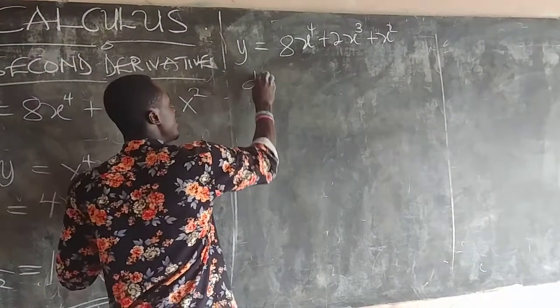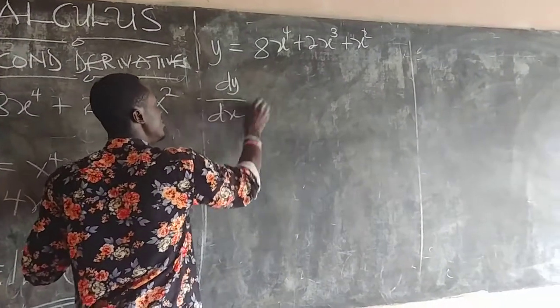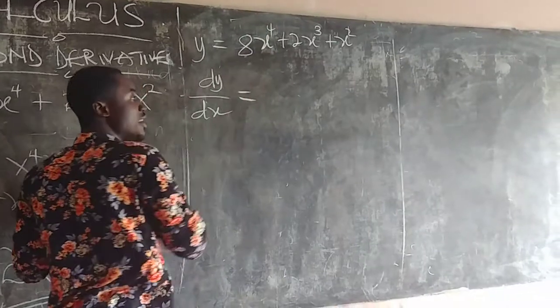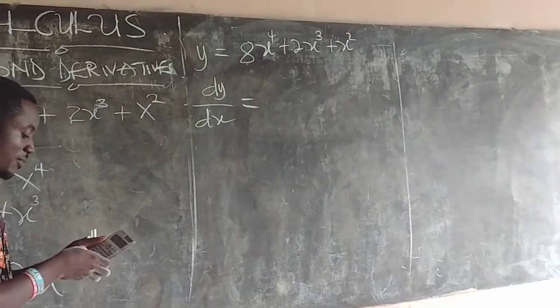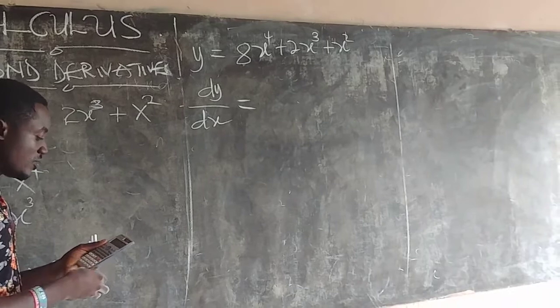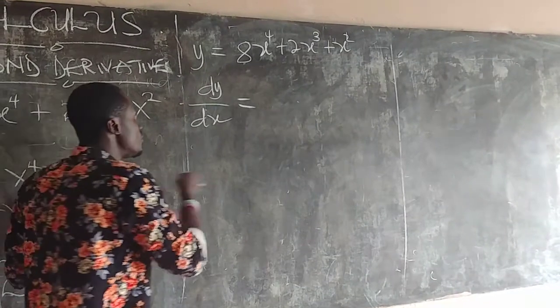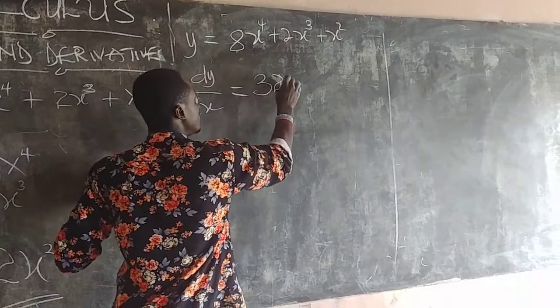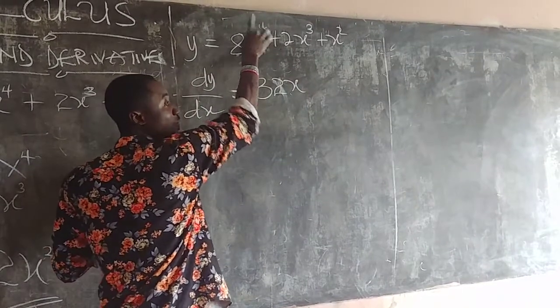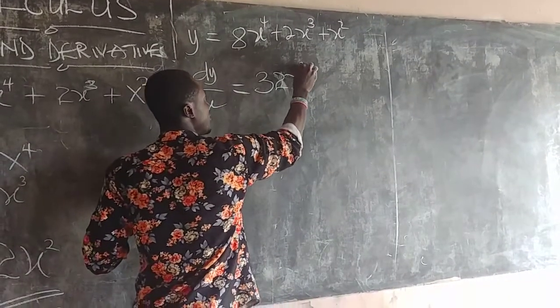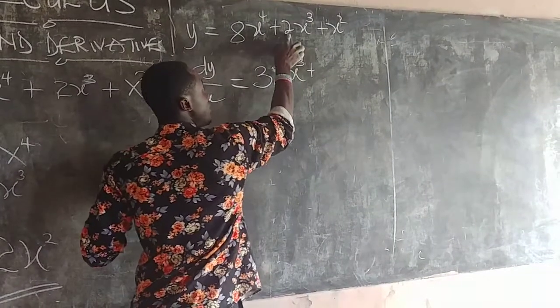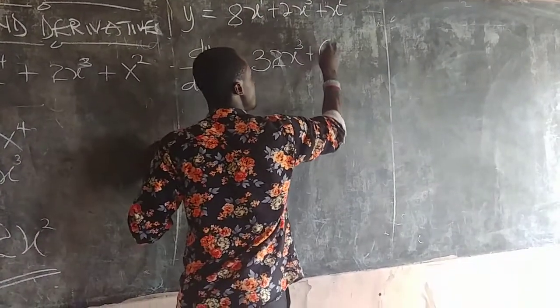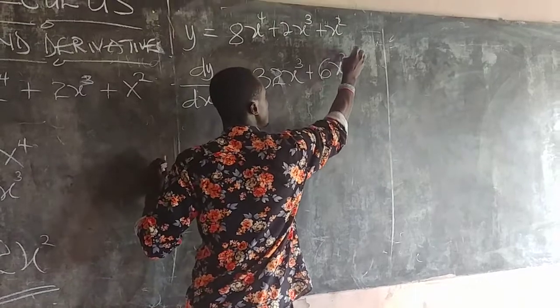So your dy/dx is equal to 4 times 8. Just take your calculator, 4 times 8, it will give you 32. So 32 will be the coefficient. x, reduce the 4 by 1, you will get 3. Plus 3 times 2, 6, x exponent 2, plus 2x.